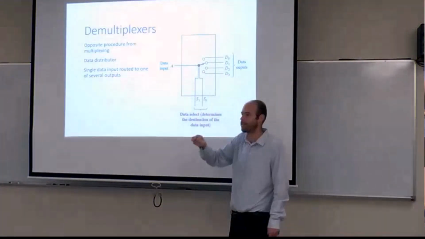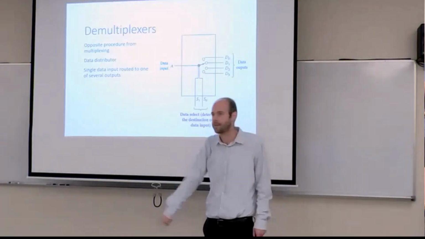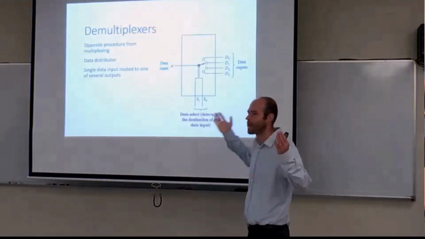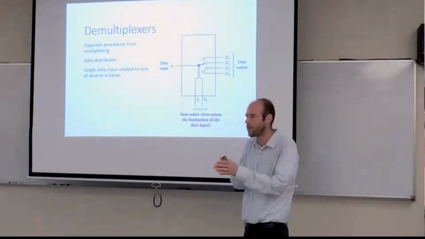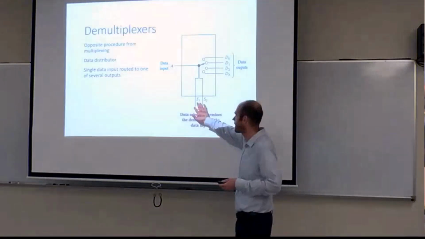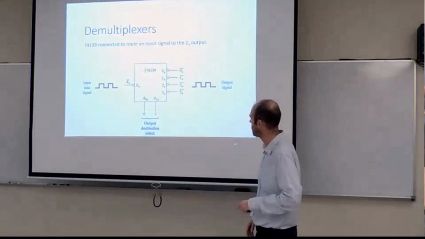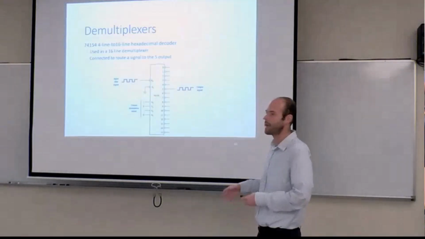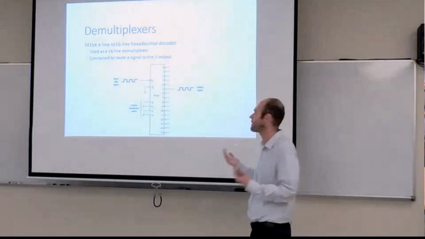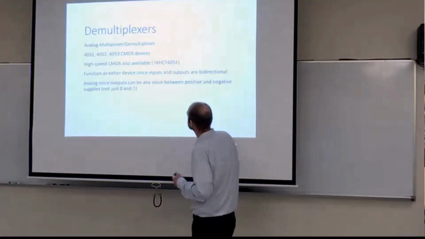The selection bits tell you which mailbox you're going to put the data in, that kind of thing. So multiplexing goes from many to one. Demultiplexing goes from one channel to many. And you select with selection bits where that data is going to go. And you can get as many bits as you need for either of these types of applications.